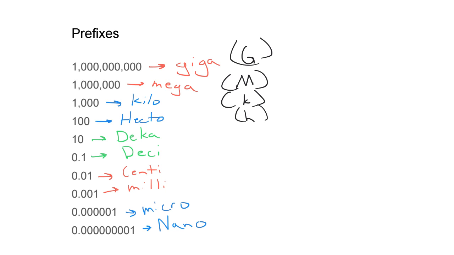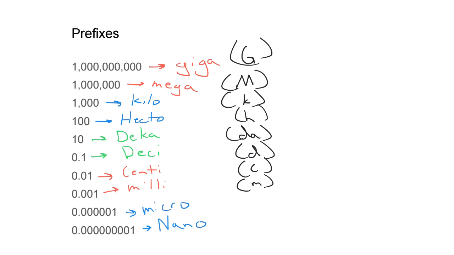And deca is a little d, little a. Deci is just the little d. Centi is just a little c. Milli is just a little m. So milliliter, the m in milliliter, especially if I abbreviate it, ml, comes from milli here.